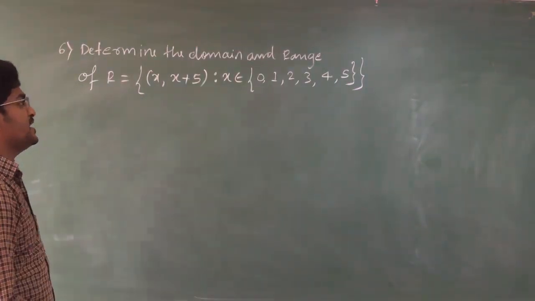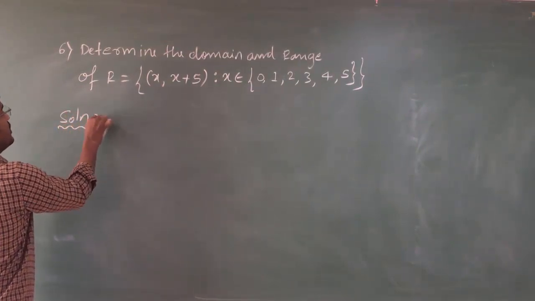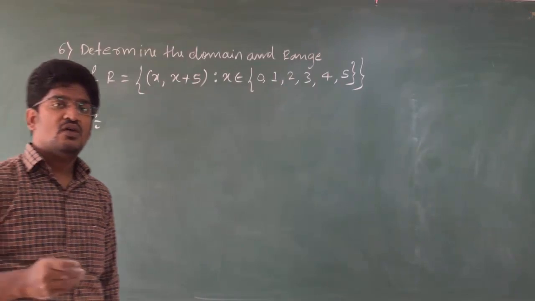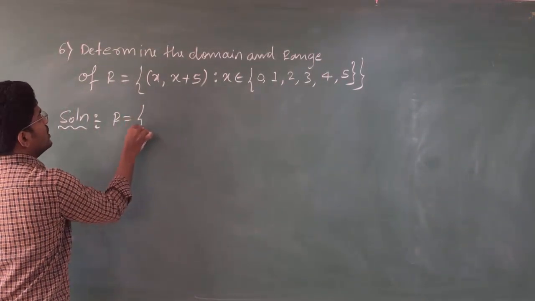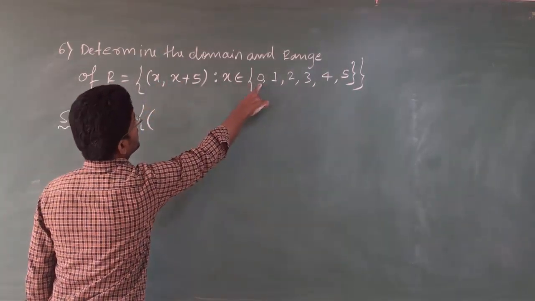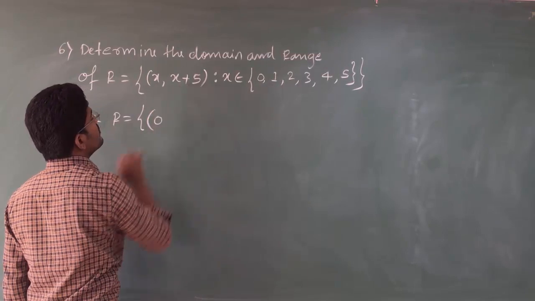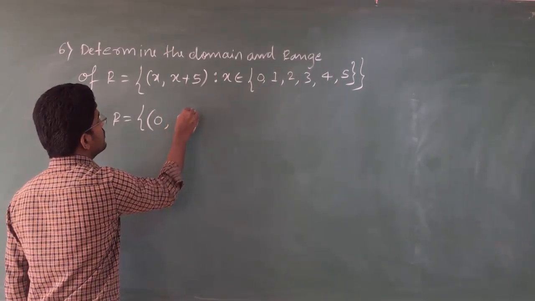Okay, first let us write the R. After writing R, taking domain and range will be very easy. Clear? So that's why R equal to set of x value. If I take 0, y value will be what? 0 plus 5. So that is 5.